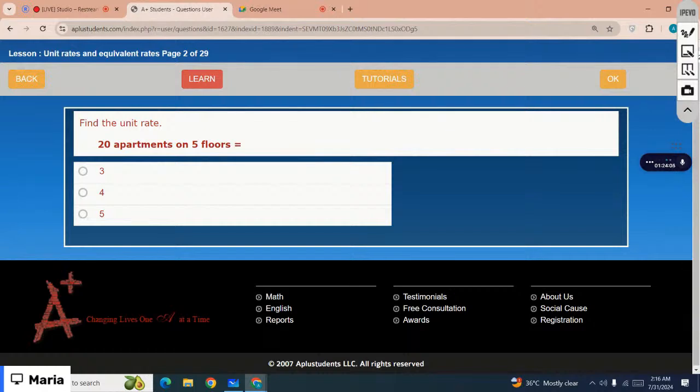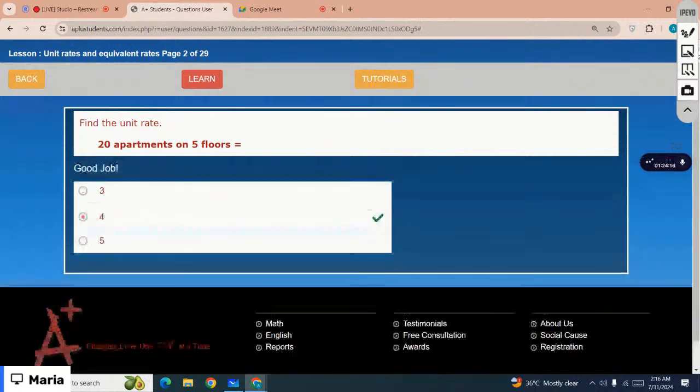The correct option is 4 apartments on one floor. 5 times 4 is 20. So that means on one floor you have 4 apartments.